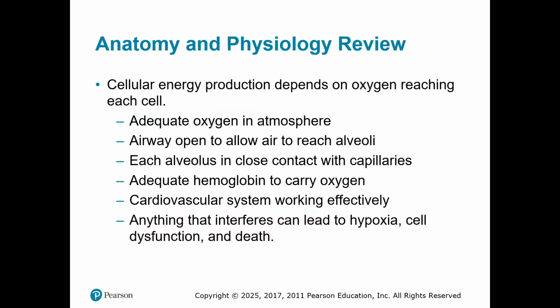We have to think about adequate hemoglobin, because if that red blood cell doesn't have hemoglobin, then it won't have the property to carry oxygen. We have to look at the cardiovascular system, because if we can't pump blood to the lungs, to the capillaries, to have that oxygen exchange, then it's not going to work, is it? And anything that interferes can lead to hypoxia, cell dysfunction, and death.